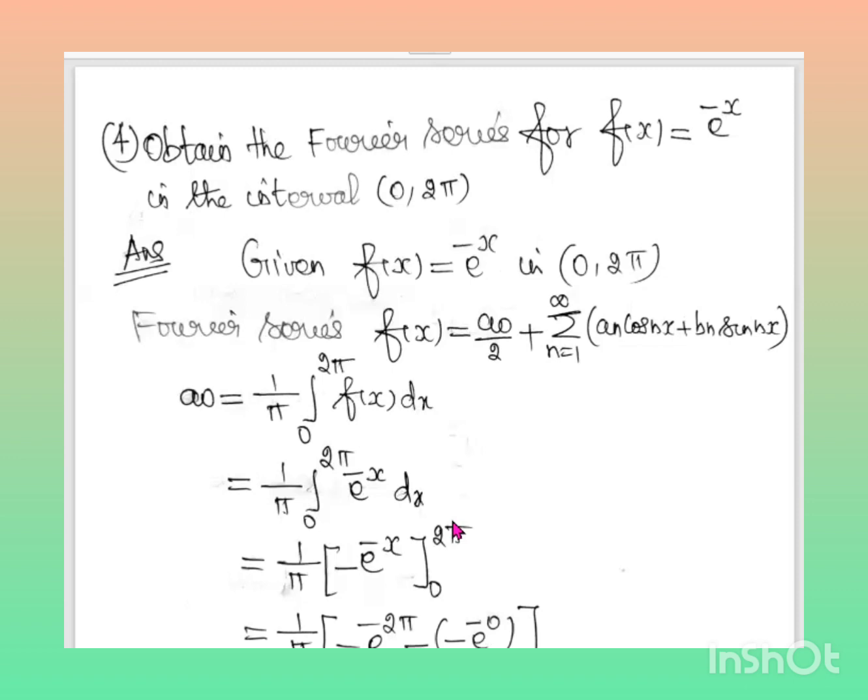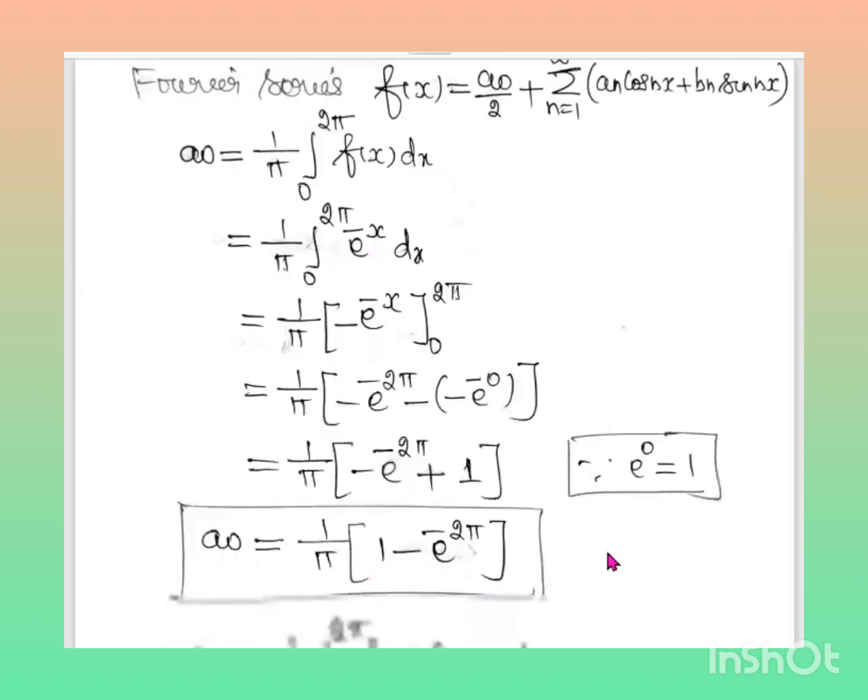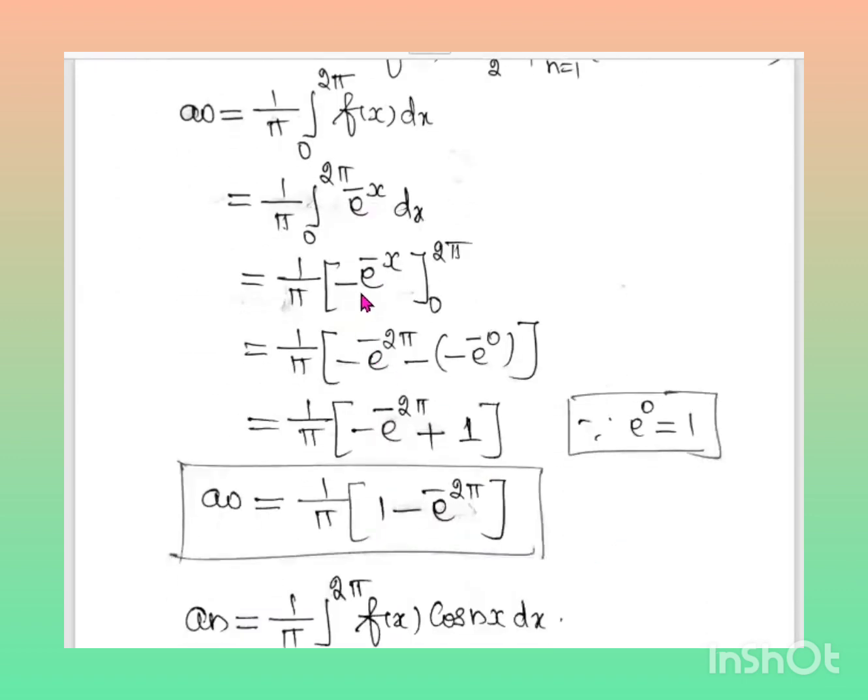So integrating e^(-x), we get e^(-x) divided by minus 1. The x coefficient you have to write in the denominator, so minus 1, so minus e^(-x). So (1/π) times minus e^(-x), the limit is 0 to 2π.